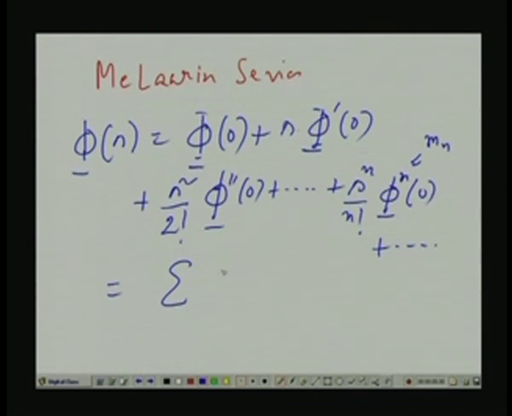So this summation you can write as the sum of m n by factorial n times s to the power n from 0 to infinity. This of course converges to phi underscore s near s equal to 0, converges absolutely, if these moments are finite. If the moments are finite, then the series converges absolutely near s equal to 0. But that is just a mathematical point.